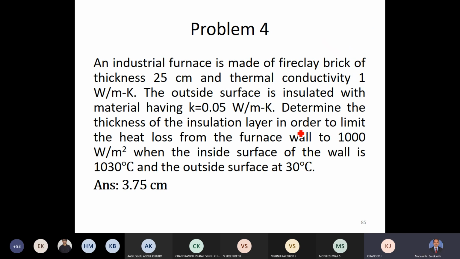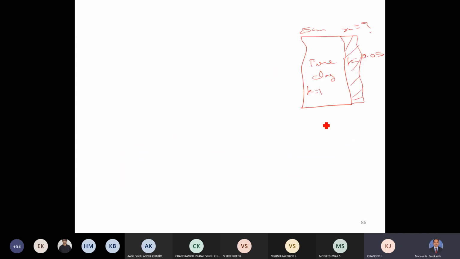There are certain conditions for that thickness to be determined in order to limit the heat loss from the furnace wall to 1000 watt per meter square. So this heat transferred here in this direction, this Q should be 1000 watt per meter square.